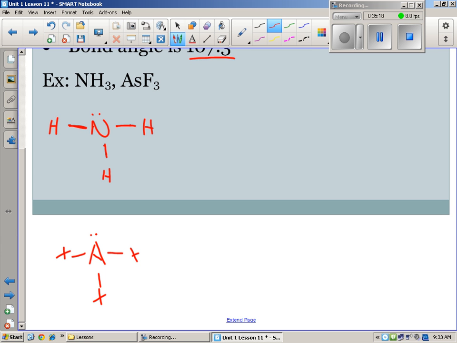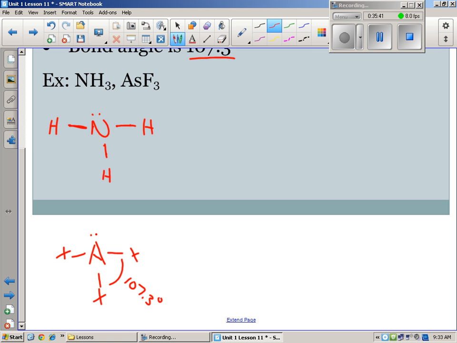You have to call it trigonal. You can't call it the same thing for 2 reasons. One, this one has a lone pair on it, and the bond angle here is 107.3. It's not the same bond angle as the last one had. And there are other reasons as well. We can't call these the same thing, but we'll wait a little bit for that.